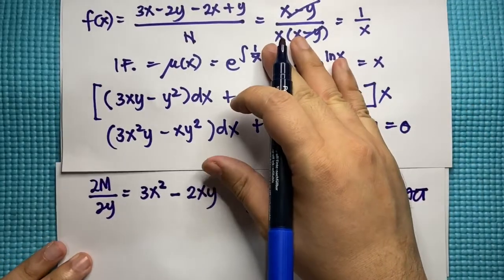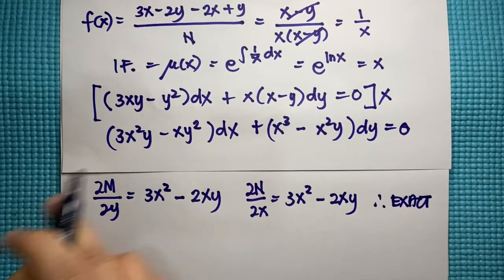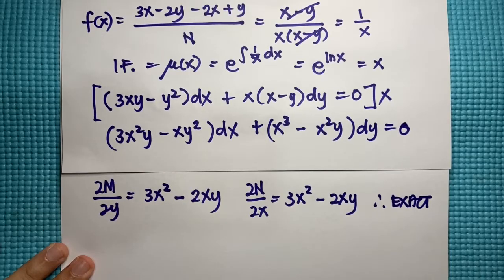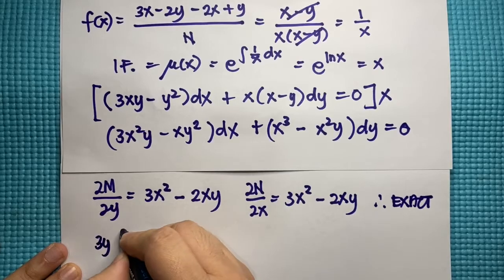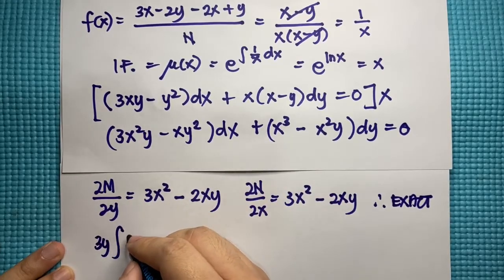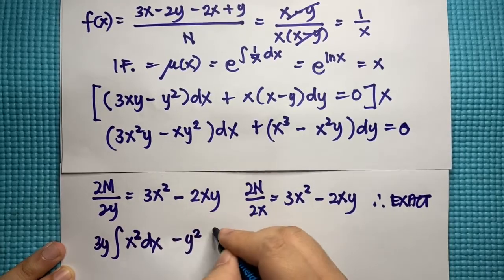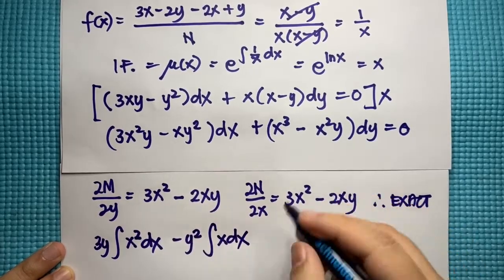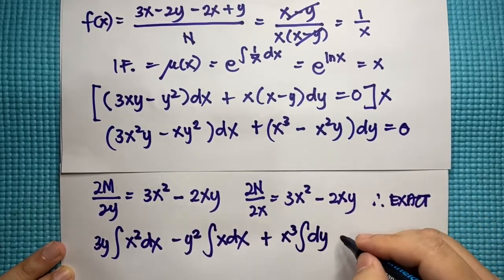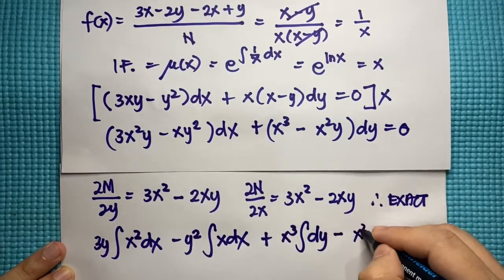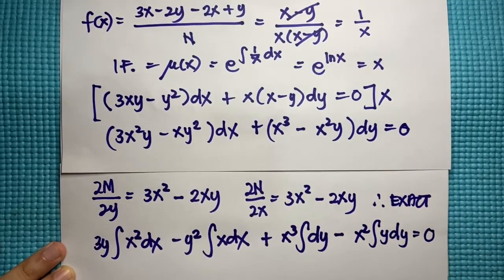Employing the method of grouping on our exact equation, we have 3y times the integral of x squared dx, minus y squared times the integral of x dx, plus x cubed times the integral of dy, minus x squared times the integral of y dy, equal to 0.